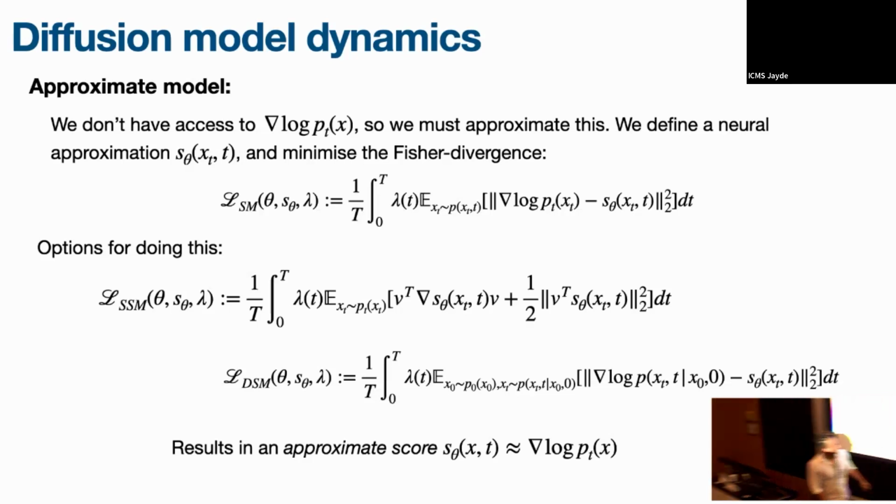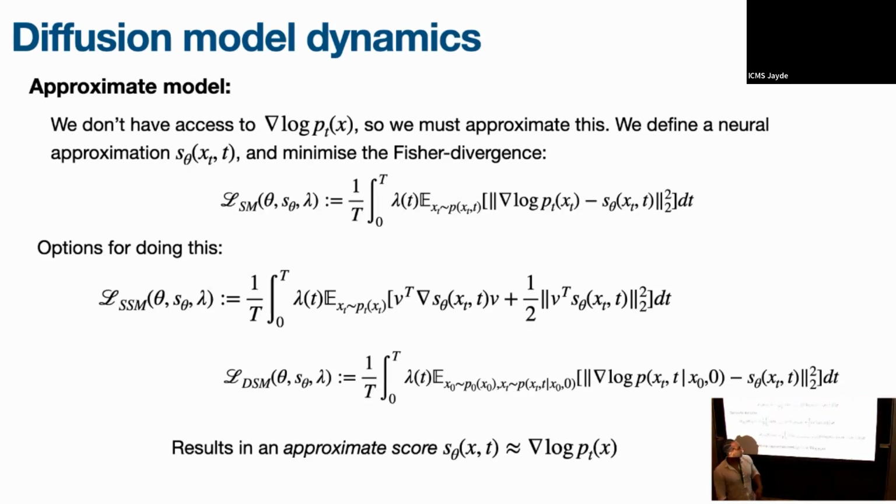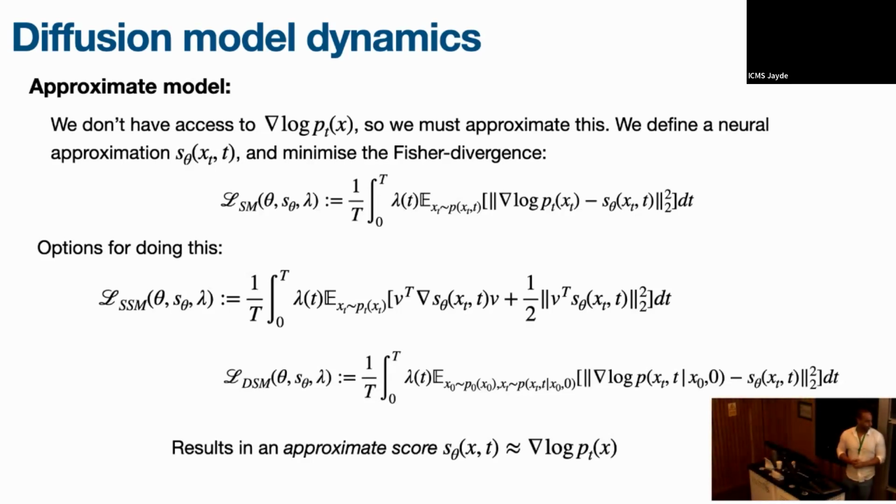And in here, you don't actually need to evaluate the true score, but you evaluate the score of the perturbation kernel of your forward process. So that's the Gaussian kernel. So if you do know that, you can play with that. So the point is that you train a neural network, you minimize an objective of your choice, you get an approximation. Okay. Now you want to use this approximation to generate samples.